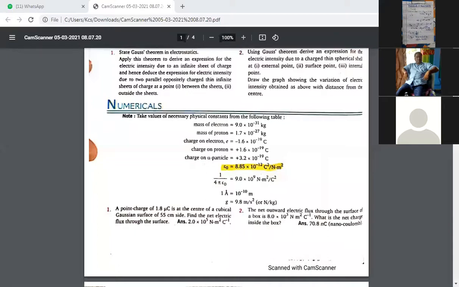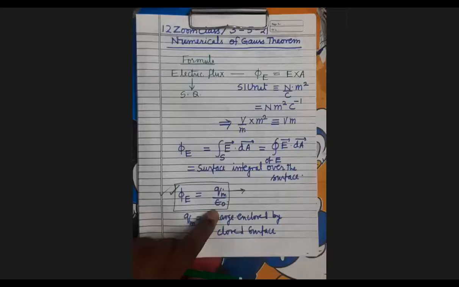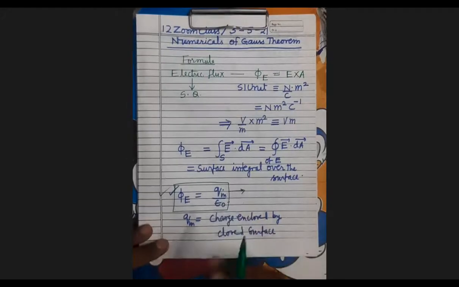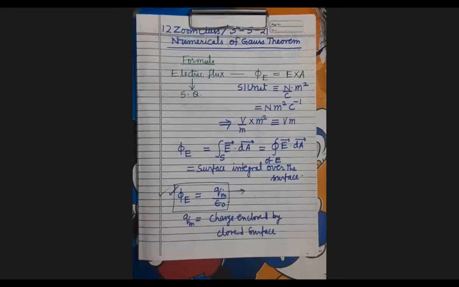What is the net charge? Same formula you will use. Phi is given, epsilon naught is known. You have to find the value of Q in. Means here you will use the same formula for question number 1 as well as for question number 2. सबको समझ में आ गया कि नहीं? Yes, sir. Now see here.